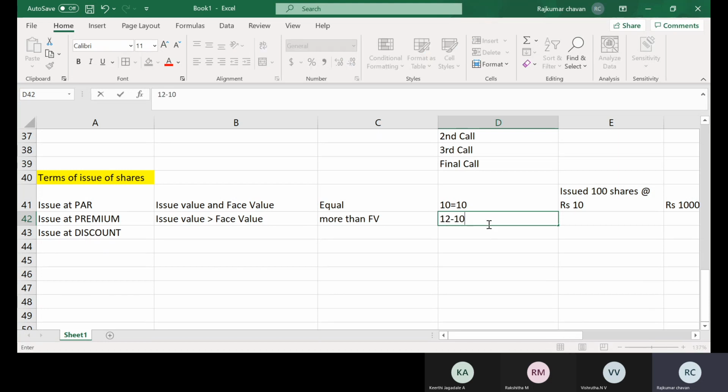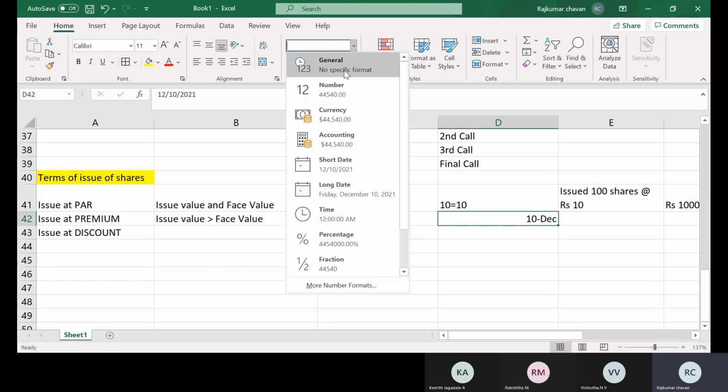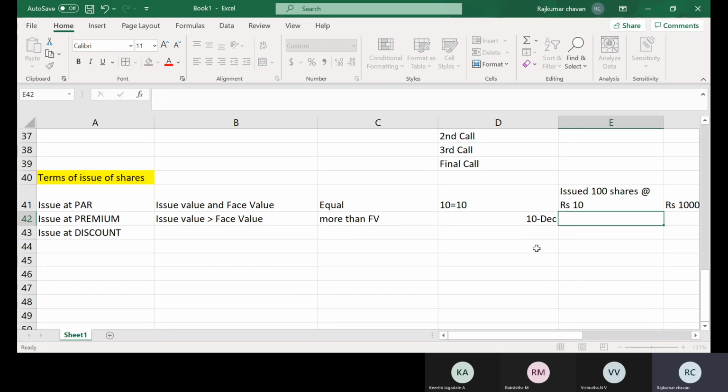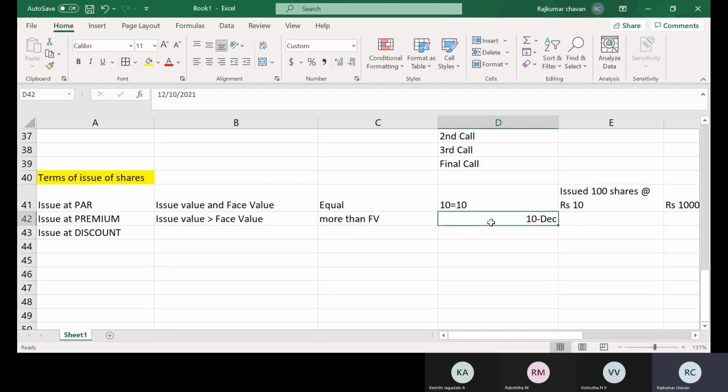Let's take issue value as 12 and face value as 10.